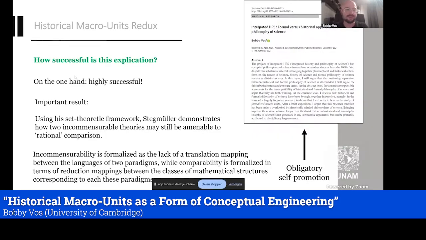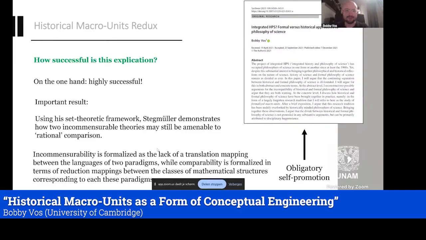In particular, it allowed Stegmüller to tackle the famous criticism of Kuhn's theory of scientific change, namely that two incommensurable theories are not amenable to rational comparison.